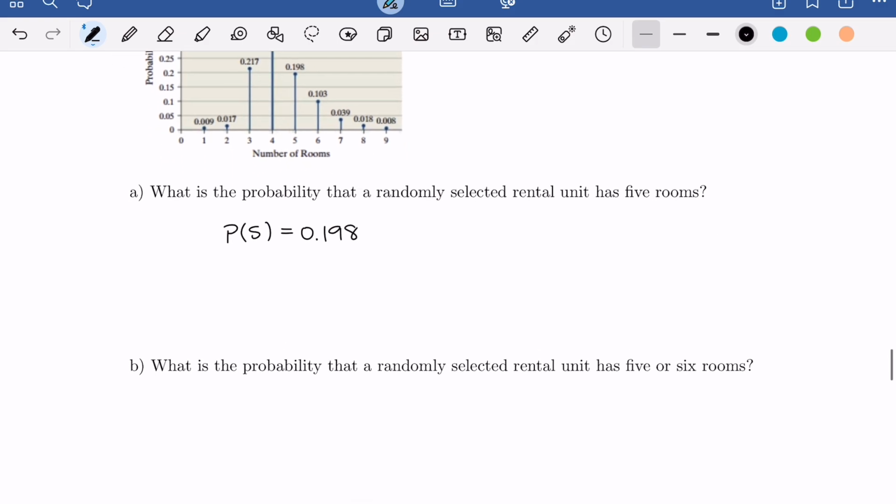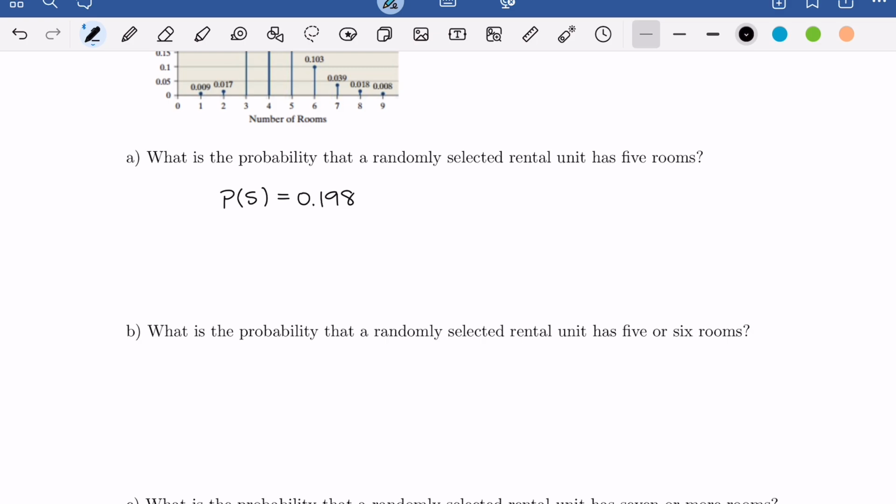All right, fairly simple. Let's look at part B. What is the probability that a randomly selected rental unit has 5 or 6 rooms? So the probability of 5 or 6 rooms is going to be given by the sum of the probability of 5 and 6 rooms. So we've seen this in past problems here.